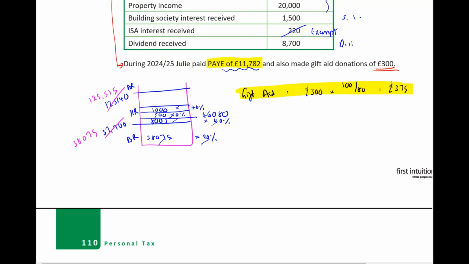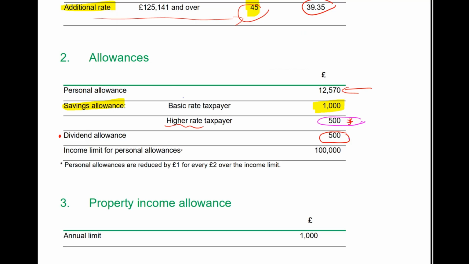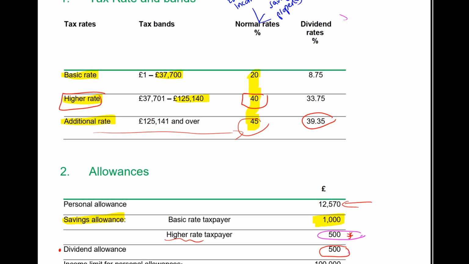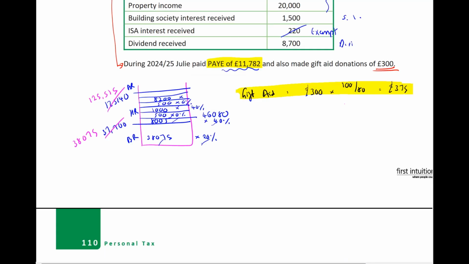So I come to here, I add in my £500 dividend allowance, and then the rest of it is going to be taxed at the higher rate. 500 in there at 0, and the remaining 8,200 is then at the higher rate, and the dividend rates are given here. We're looking at 33.75 for dividends.